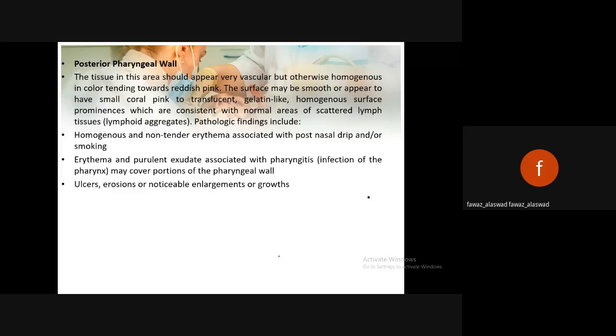Sometimes it may be a reddish pink, smooth and coral pink, homogeneous in surface. Sometimes it may be associated with ulcer, erosion, or even if there is any enlargement or growth.